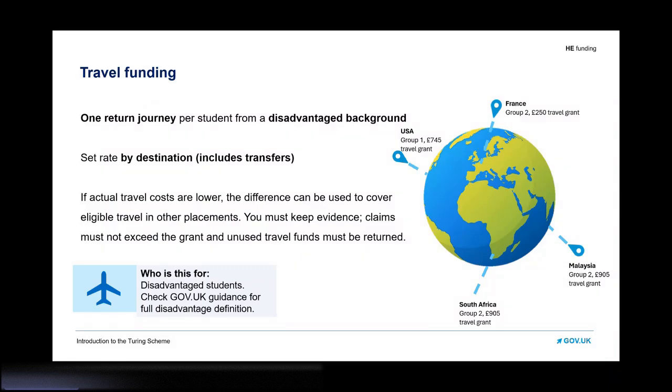However, if you change a placement so that a student is going to a lower travel grant country, your overall travel grant funding will be reduced in order to reflect this. The description below contains a link to the gov.uk page with the current destinations and their rates as part of the guidance.